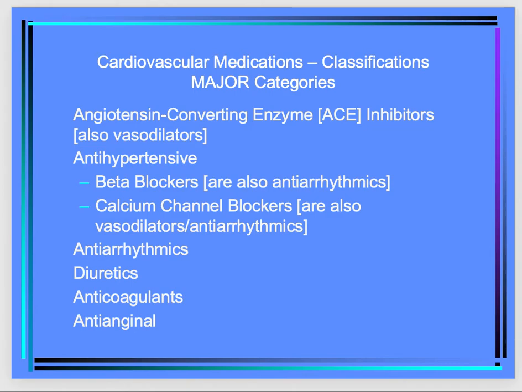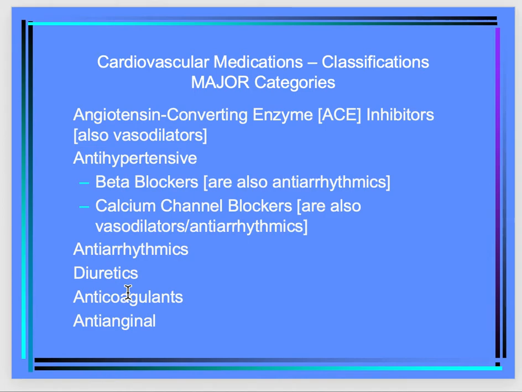I am not going to just read the rest of these slides to you. I want to just give you an example. Each one of these is its own class, and under the classification are lists and lists of other medicines that fall under, let's say, ACE inhibitors.